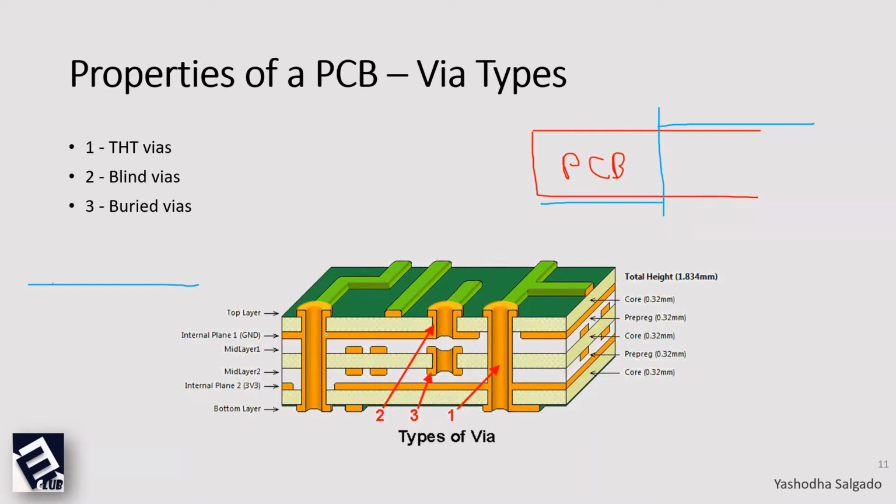There are three wire types called THT wires, blind wires, and buried wires. This is a THT wire because we make a hole through the PCB. The second one is blind wires.